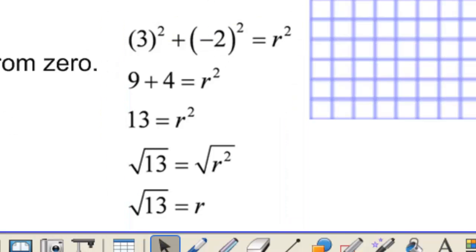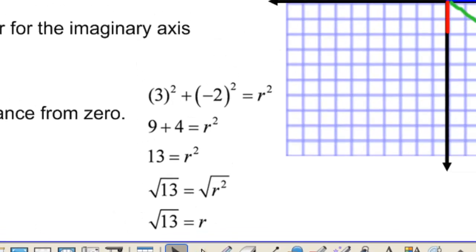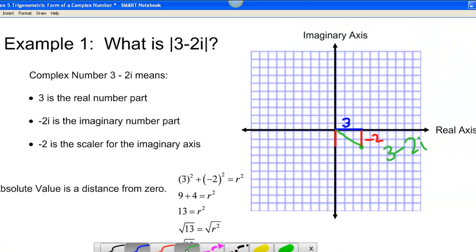So I have 3 squared plus negative 2 squared equals r squared. 9 plus 4 yields 13, and when I take a square root on both sides, then the absolute value of 3 minus 2i is equal to the square root of 13.